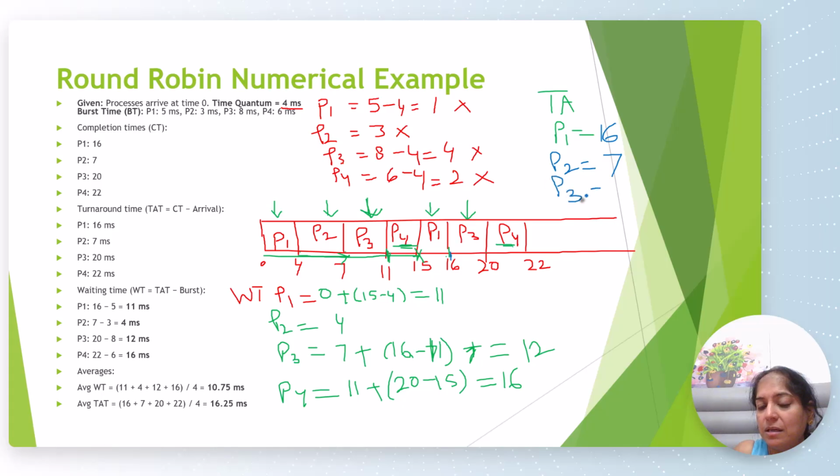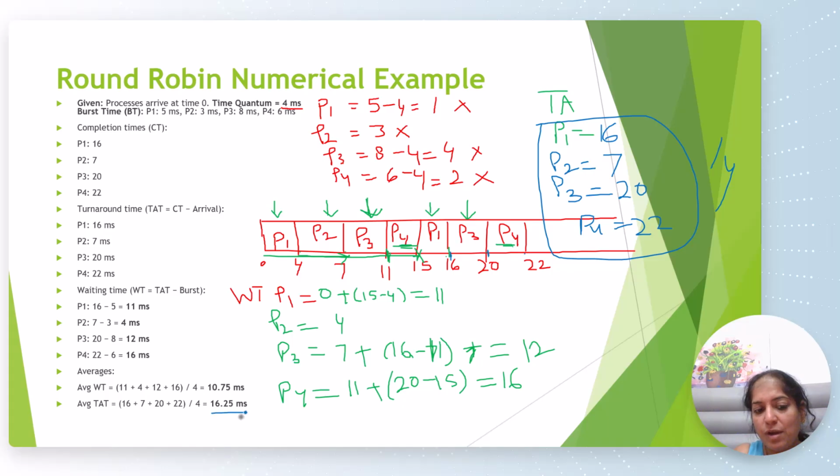Process P3 completes at 20, so the turnaround time is 20. And process P4 completes at 22, so the turnaround time is 22. If you add all 4 of these and divide by 4, you will get the average turnaround time, which should come out to be 16.25, and the average waiting time should come out to be 10.75.